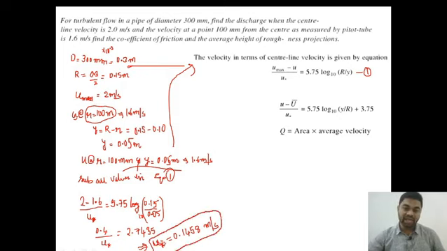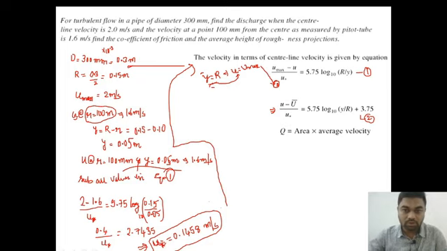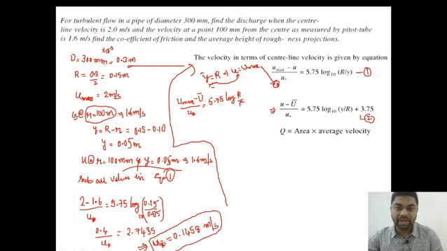So u max minus u bar by the shear velocity u star is equal to 5.75 log, instead of y we write capital R by capital R, to the base 10 plus 3.75.